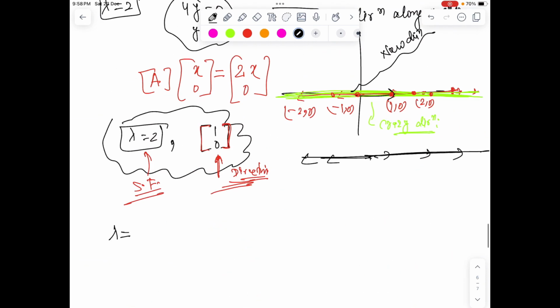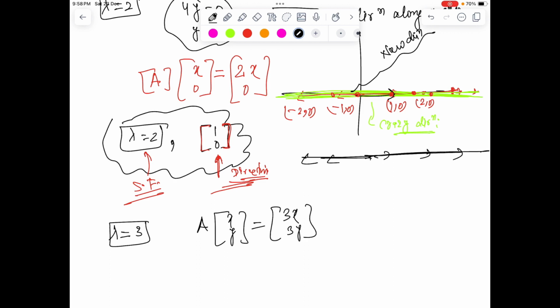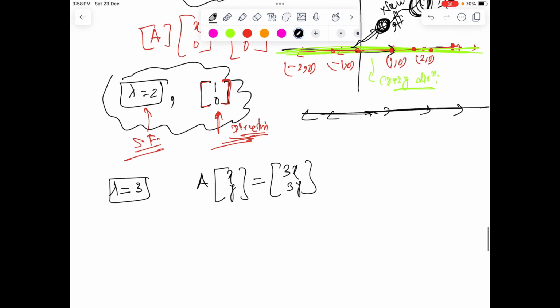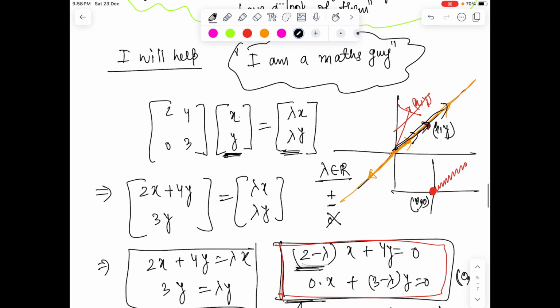Now let's put lambda equals 3 and try to do the same calculation. So if I keep lambda equals 3, again we'll get 8 times xy. Now this time I want it to be 3x comma 3y. So now I want some vector to be here, Golu comma Bolu, and I want that to be scaled to thrice Golu and thrice Bolu, kind of, right?